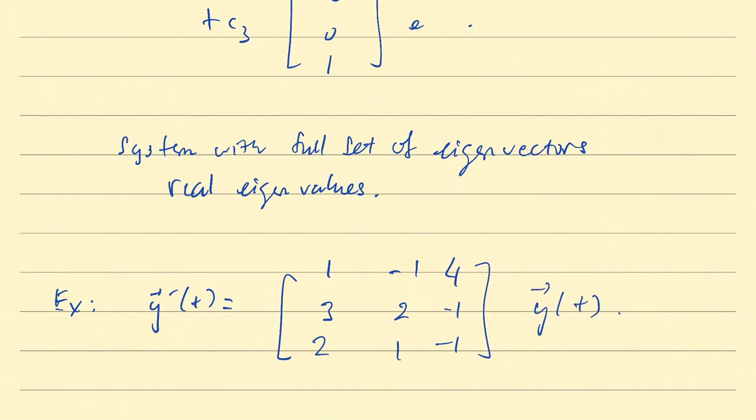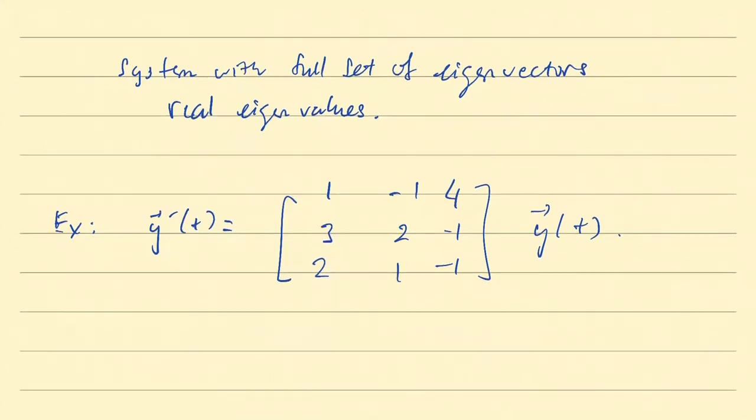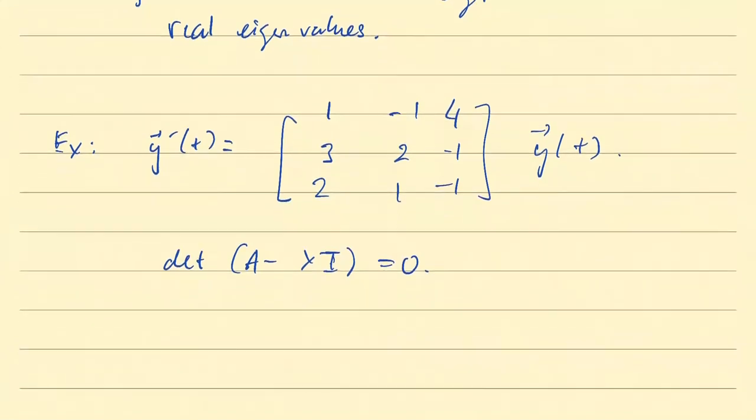So what do we do here? There's no obvious thing to do. You want to find the equation determinant of A minus lambda I equals 0, and you might as well pick any row. So what's A minus lambda I? It's 1 minus lambda, minus 1, 4; 3, 2 minus lambda, minus 1; 2, 1, minus 1 minus lambda.